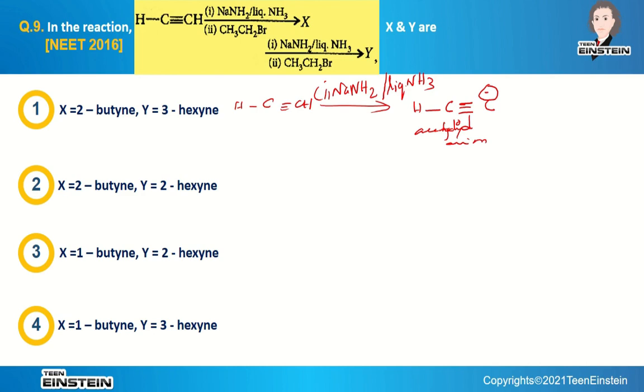This further undergoes alkylation with ethyl bromide.